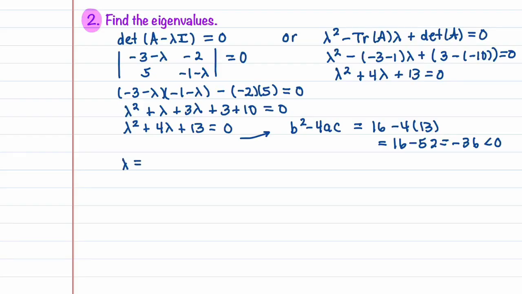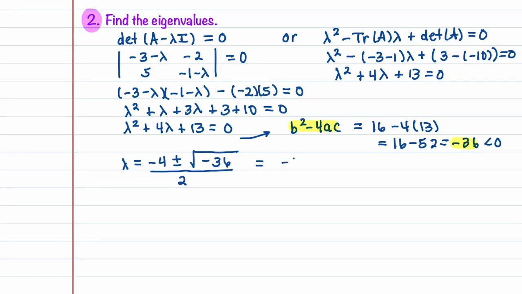Lambda is equal to negative b, so that's minus 4, plus or minus the square root of b squared minus 4ac, but we already computed that, and that was minus 36. So we have the square root of minus 36, and we divide this by 2 times a, which is just 1, so that's 2.